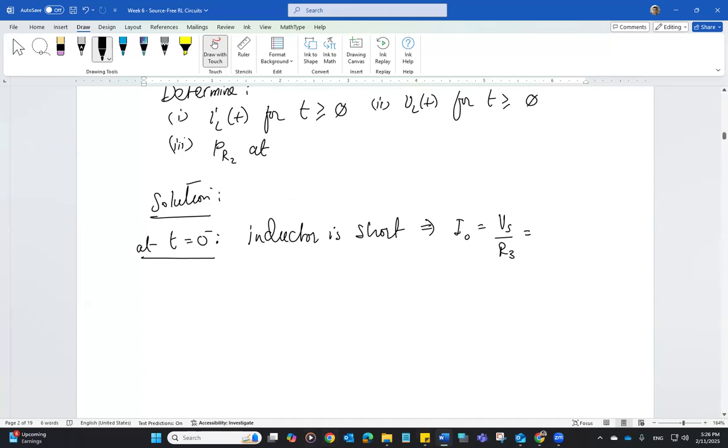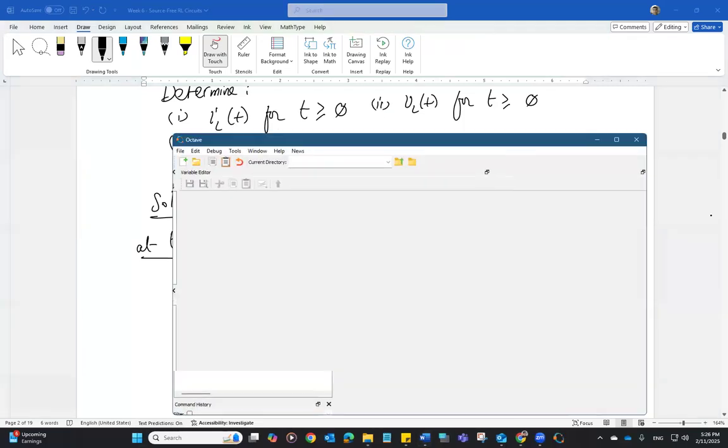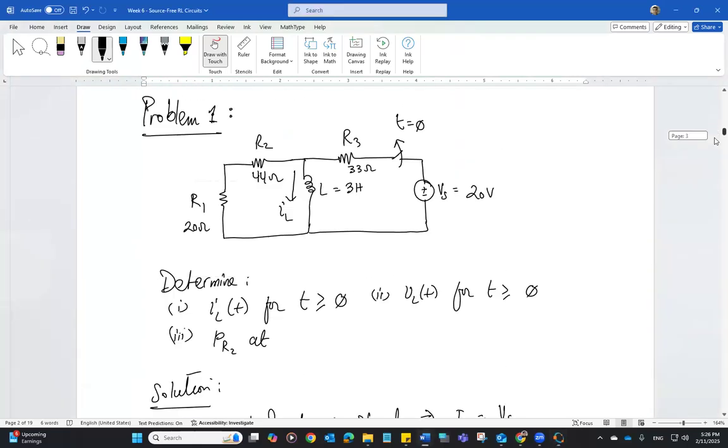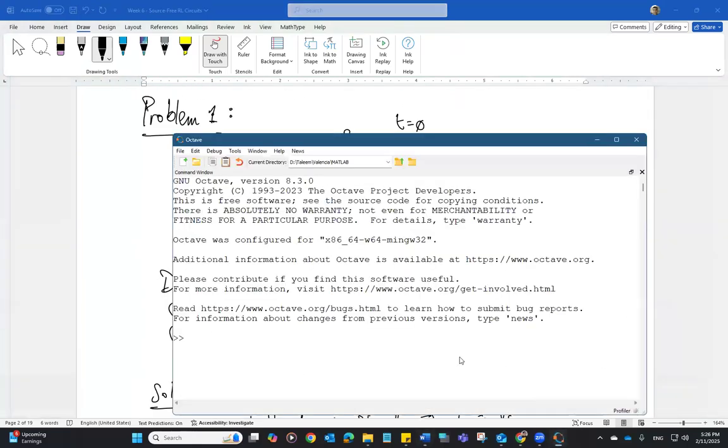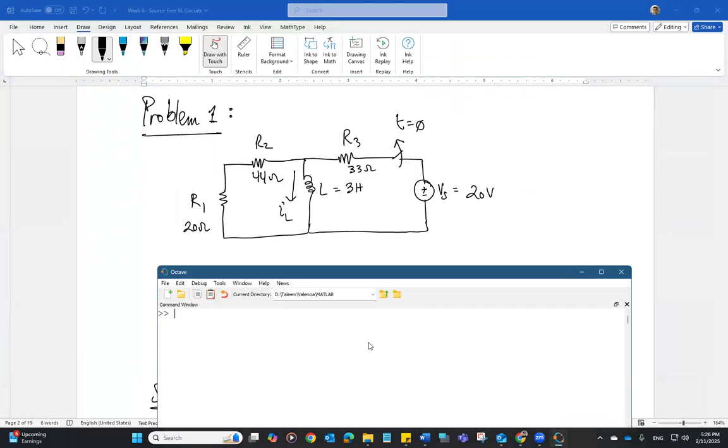Let's go ahead and put values in MATLAB. So my R1 is 20, my R2 is 44, my R3 is 33, my inductor is 3, and my Vs is 20.